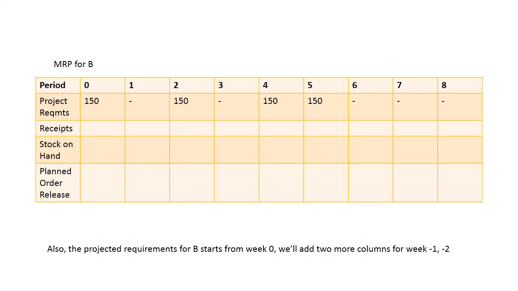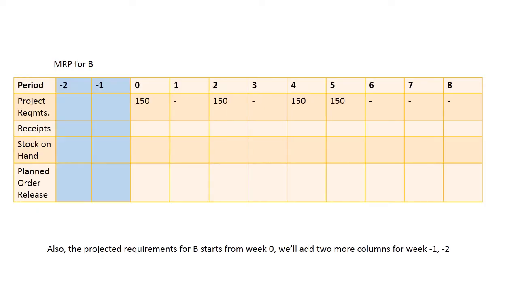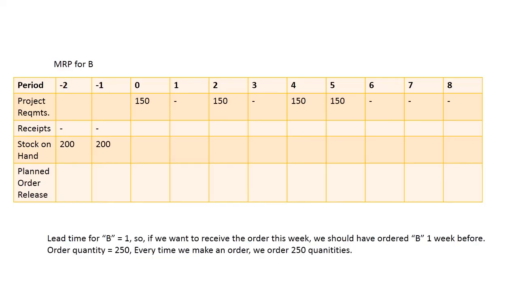Again, the projected requirement starts from 0th week, and the lead time for C is around 2 weeks, I suppose. So we'll add up 2 weeks minus 2 weeks, and the table looks like this now. Stock on hand.